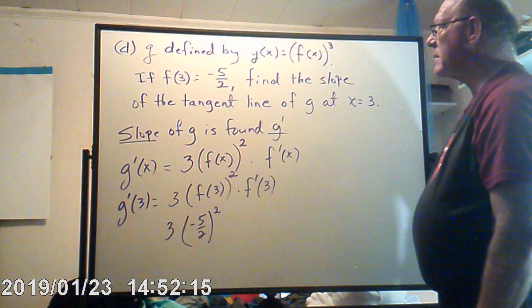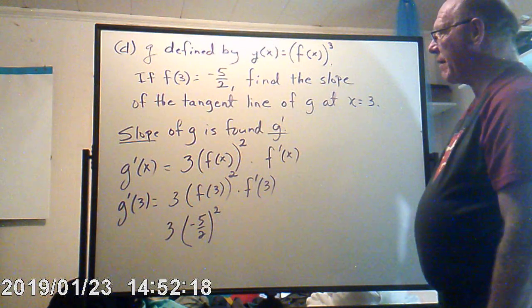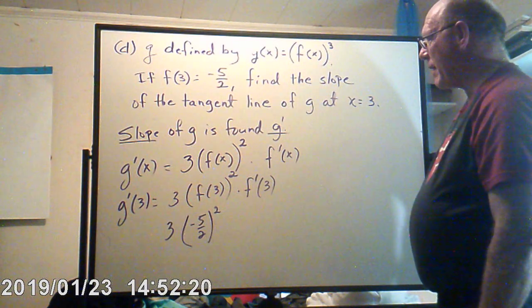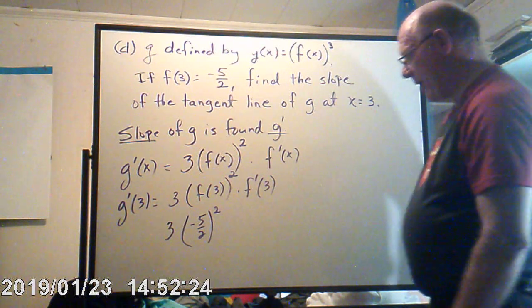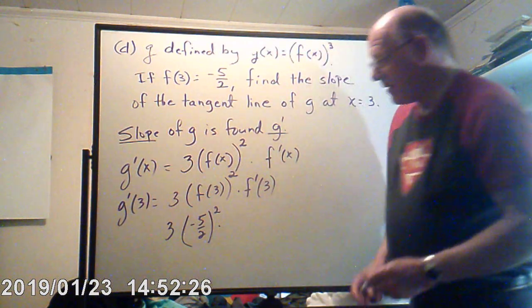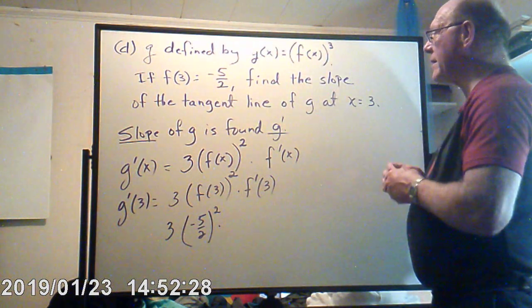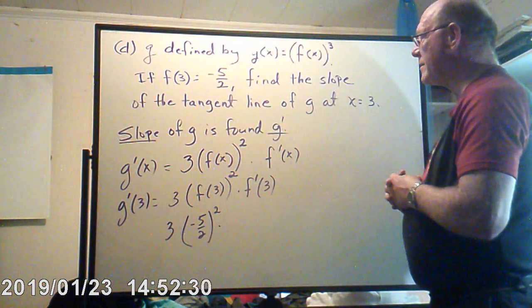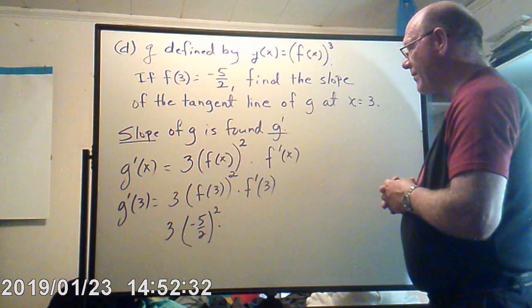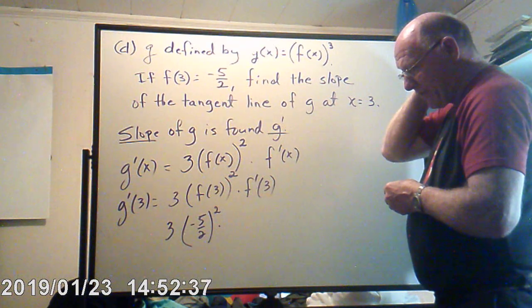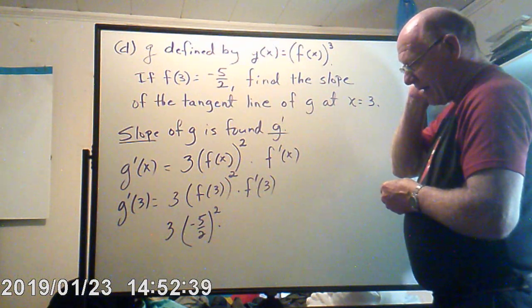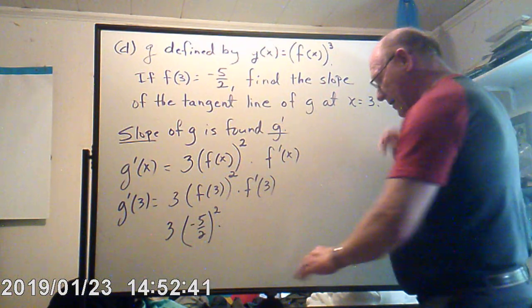Alright. Now let's see here. F prime at 3. I'm trying to think, do I need to go back to that table or to the graph or not? Let's see. It looks like I may have to. Let's go over there and see.